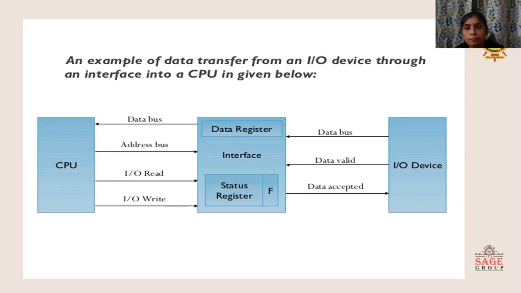Here the different buses. Buses means it is a group of connecting wires. Data bus is used to transfer the data, and data valid means these are the bidirectional signals between input output device and interface.